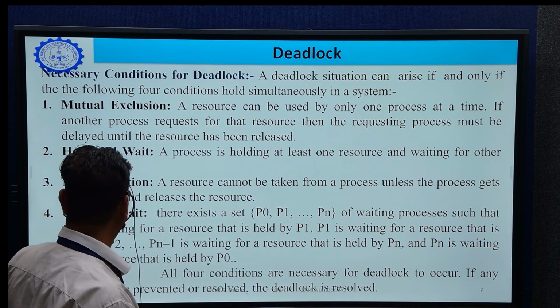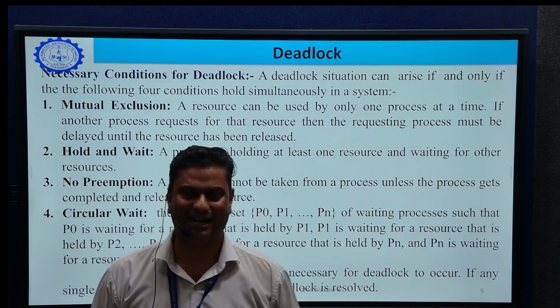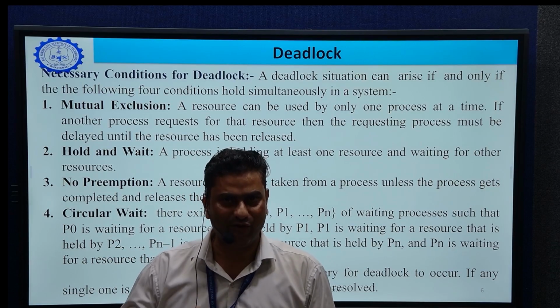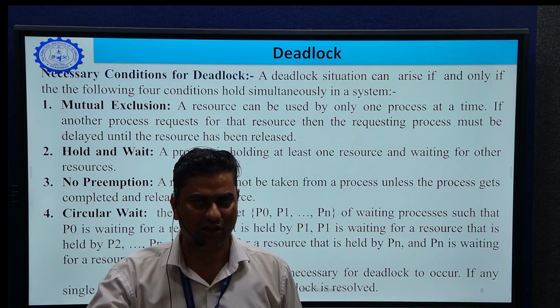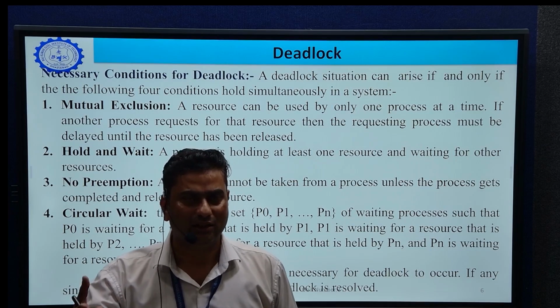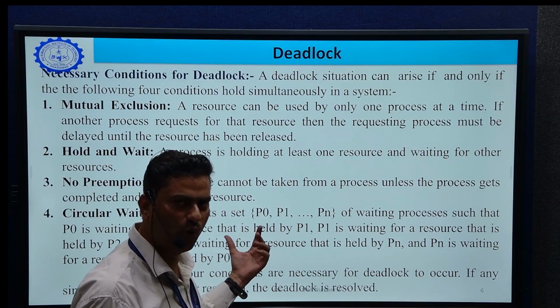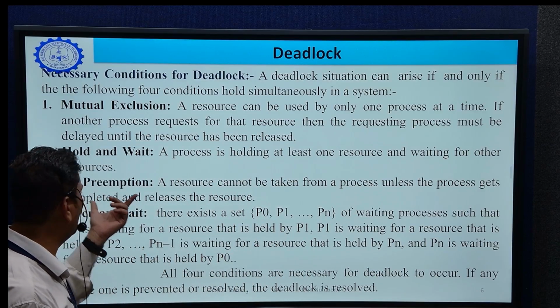The second condition is hold and wait. That states that one process is holding some resources and waiting for some other resources which are already allocated to some other process. That is the meaning of hold and wait. Third is no preemption.